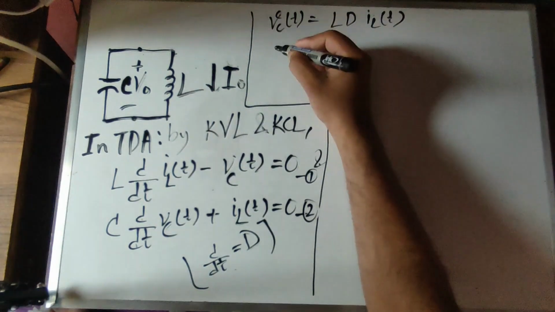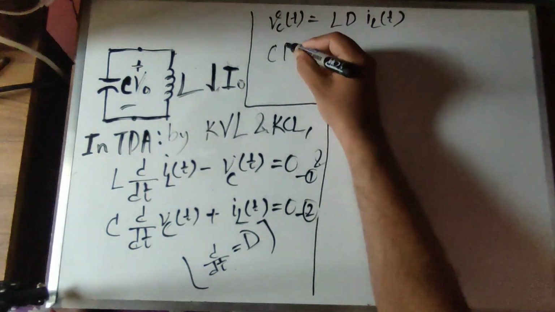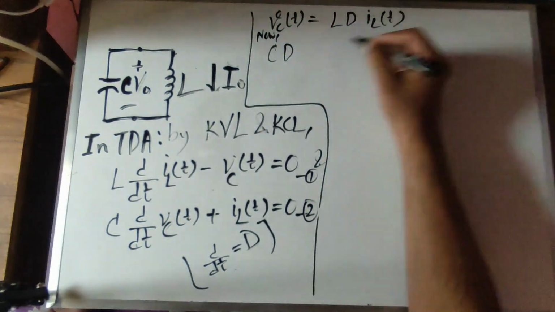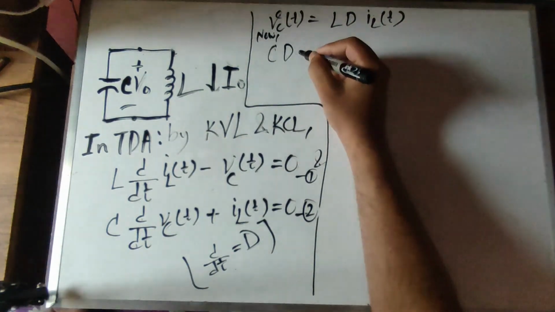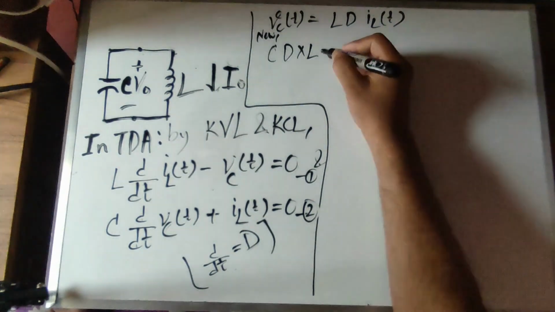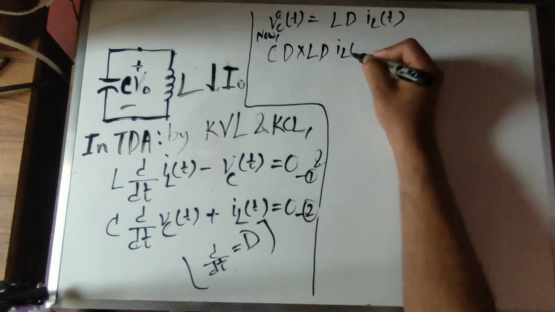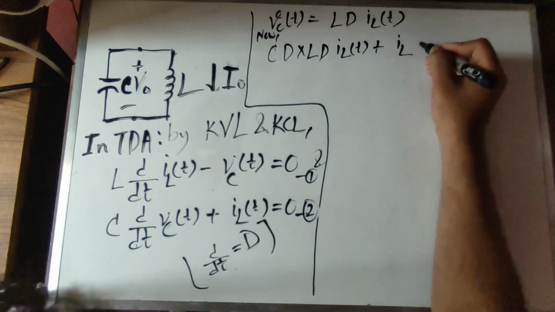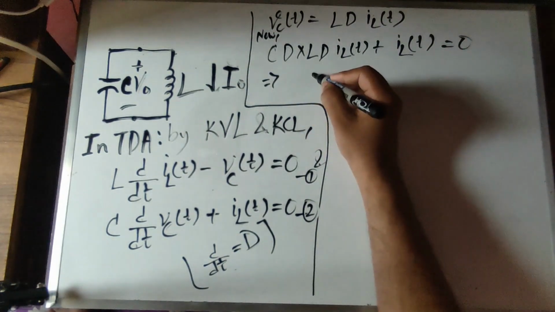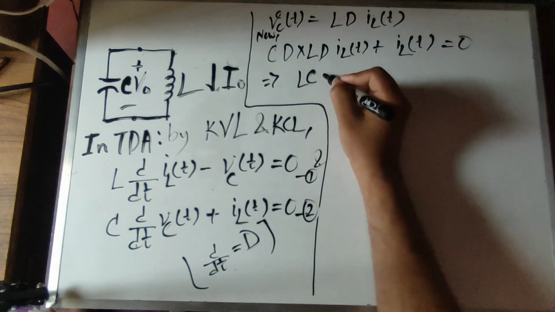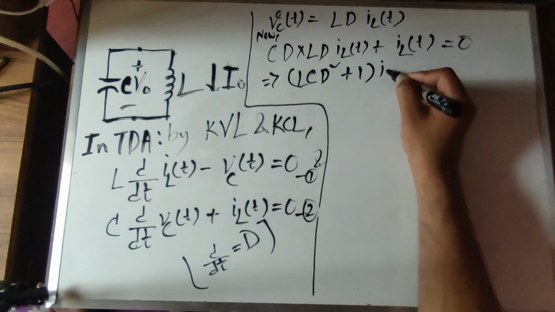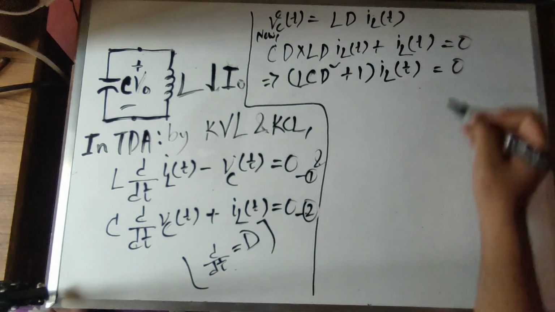So C D times L D i_L(t) plus i_L(t) equals 0, which gives us (LC D square plus 1) i_L(t) equals 0.